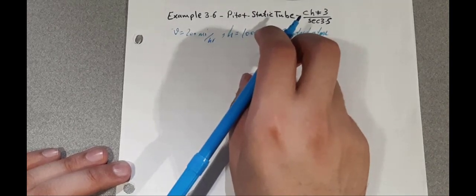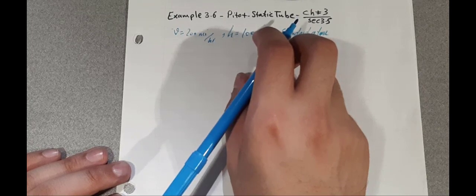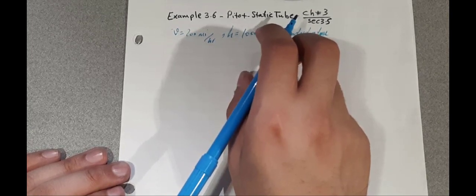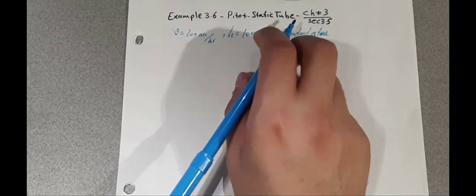It wants us to determine the pressure at point 1 far ahead of the airplane, the pressure at the stagnation point on the nose of the airplane, point 2, and the pressure difference indicated by a pitot static probe attached to the fuselage.